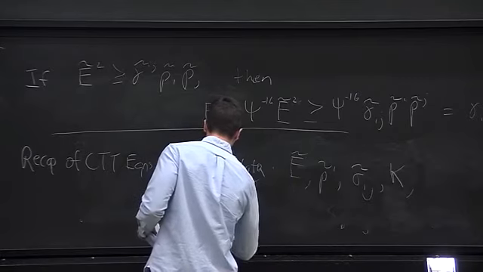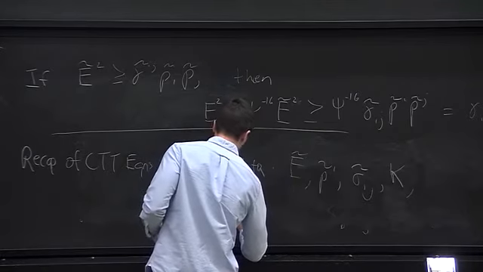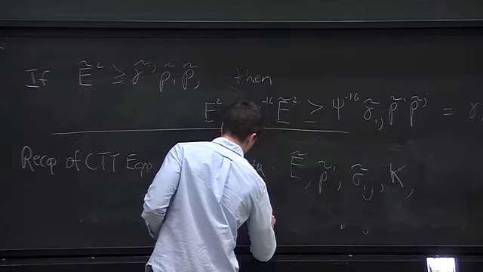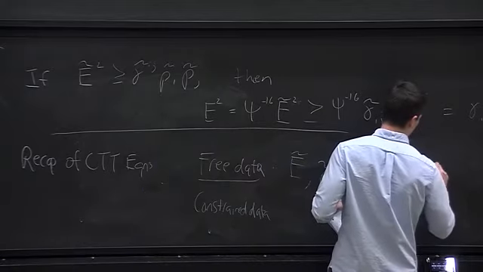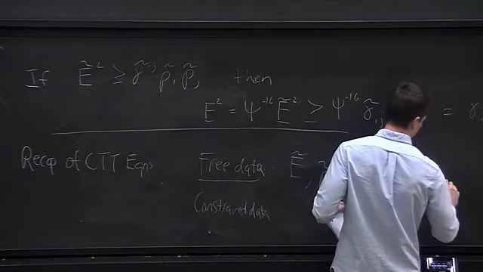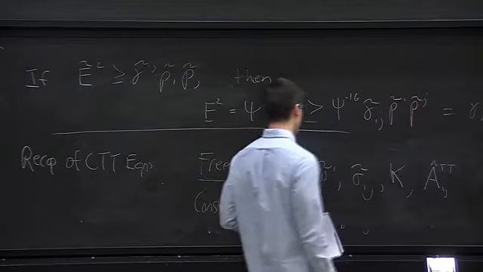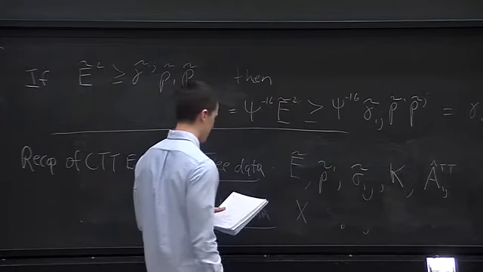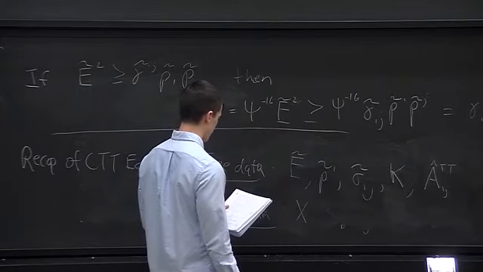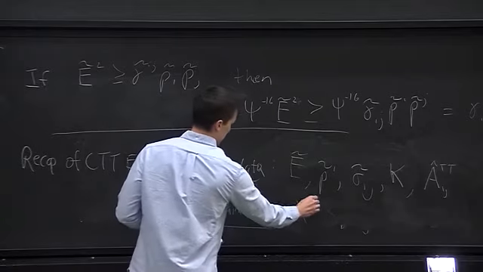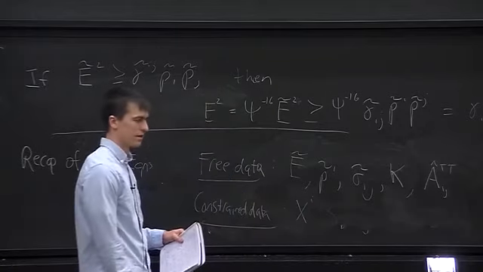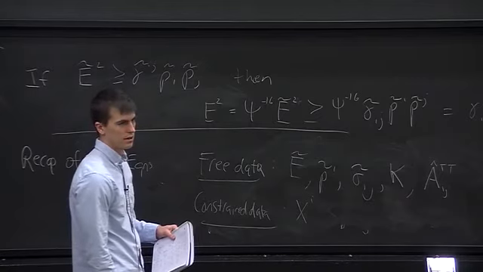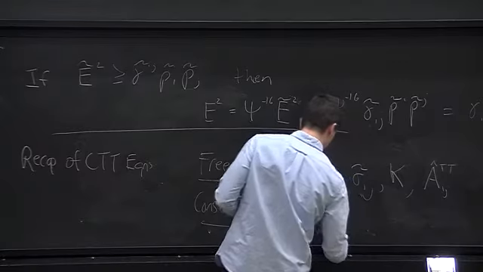X is then the other one, the hat dt of A. Yeah, so A hat, the transverse traceless part of it. And what's the other constrained data? What's the phi? Yeah, psi. I always mix my letters.